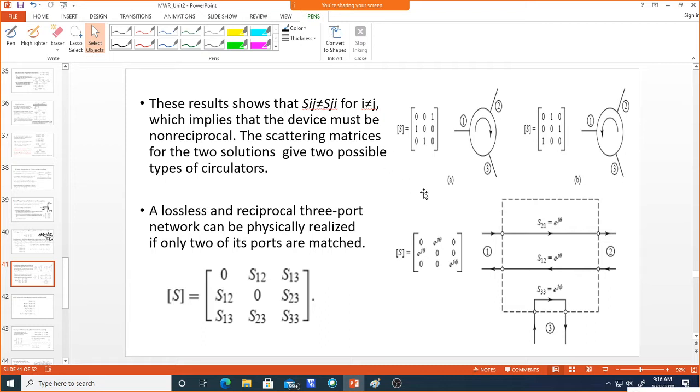Now if the network is not reciprocal, and all the ports are matched, see the diagonal elements, then we can achieve two conditions. That means it will become two types of circulator, one clockwise and the other anti-clockwise. That is what you achieve when the network is not reciprocal.